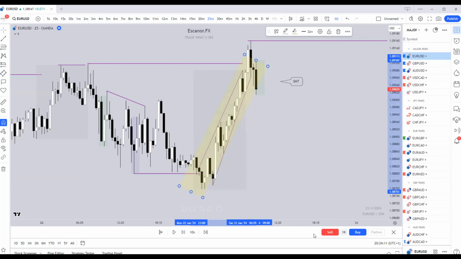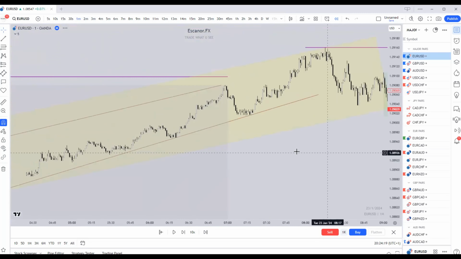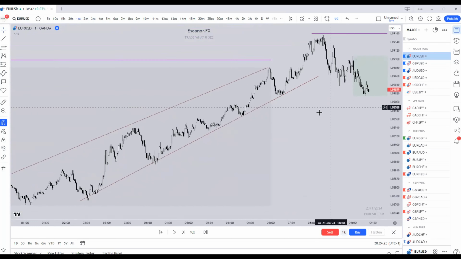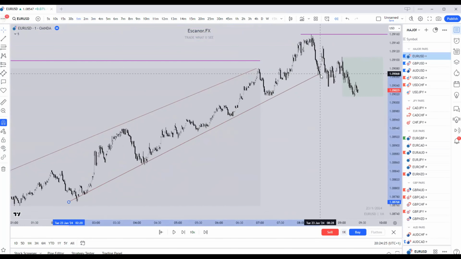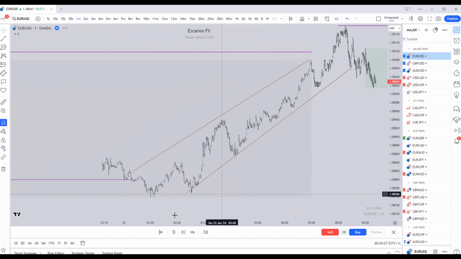This yellow box here, let's drop to the 1 minute and see what we have inside this box. Okay, this is ugly, let's delete it. Now it looks clean and clear. Okay, let's draw it.